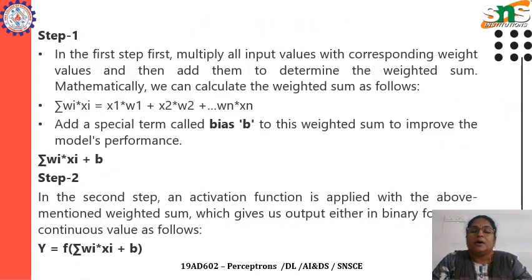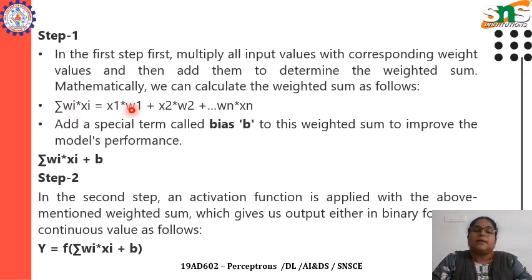But moving on to the detailed explanation about what is happening in each and every layer. The first step, input values are added with their weight in order to determine the weighted sum mathematically. And we have the calculated weighted sum, summation of, that is summation, right? Summation means adding together the inputs multiplied with their weights, xi into wi.